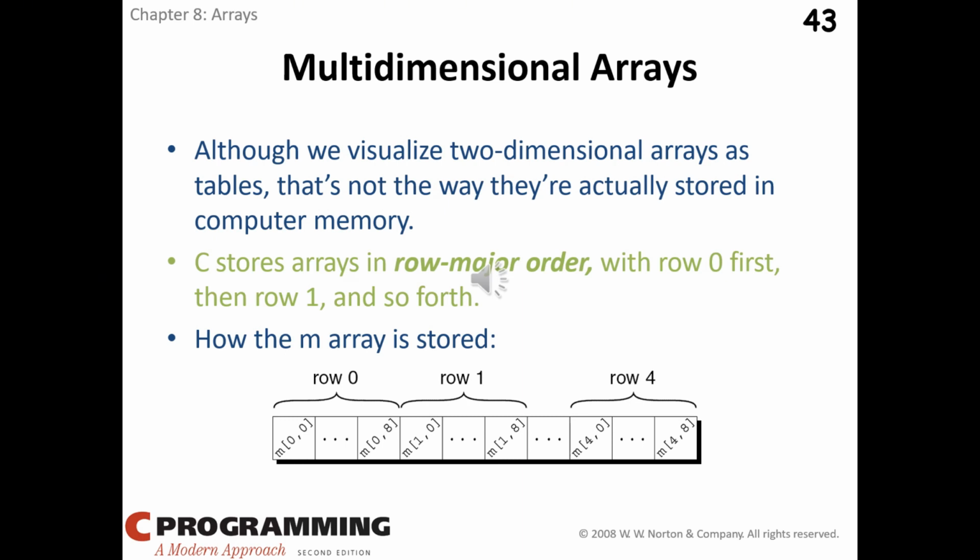It starts with the first row, then moves on to the second row and keeps going until it fills up all the rows. This way, when the computer needs to find something in our array, it can quickly locate it by following this neat, organized arrangement. So even though we see it as a table, the computer sees it as a series of neatly arranged shelves, making it easy to find whatever we are looking for.